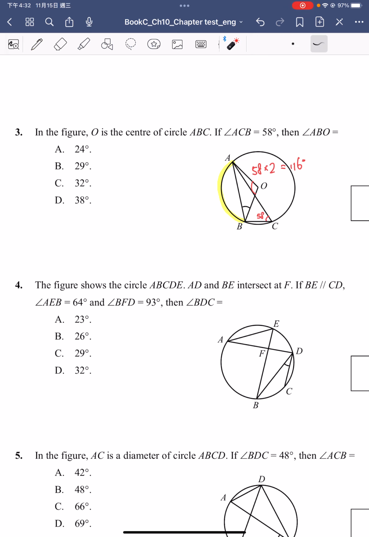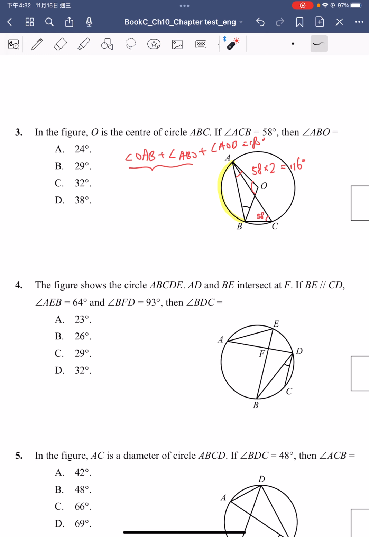And then as AO and OB are the radius, this angle and this angle are going to be the same. Then we can say that by using the angle sum of a triangle, angle OAB plus the required angle, angle ABO, plus the angle AOB is going to be equal to 180 degrees.